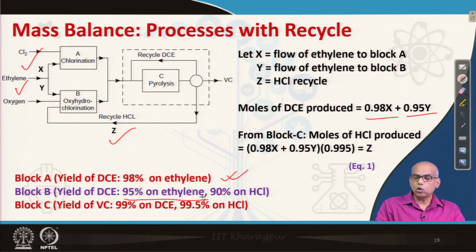So, the moles of dichloroethane produced is 0.98 X plus 0.95 Y. From block C, where pyrolysis takes place, you can find out that moles of HCl produced will be 99.5% of this quantity. So, this gives me one equation.